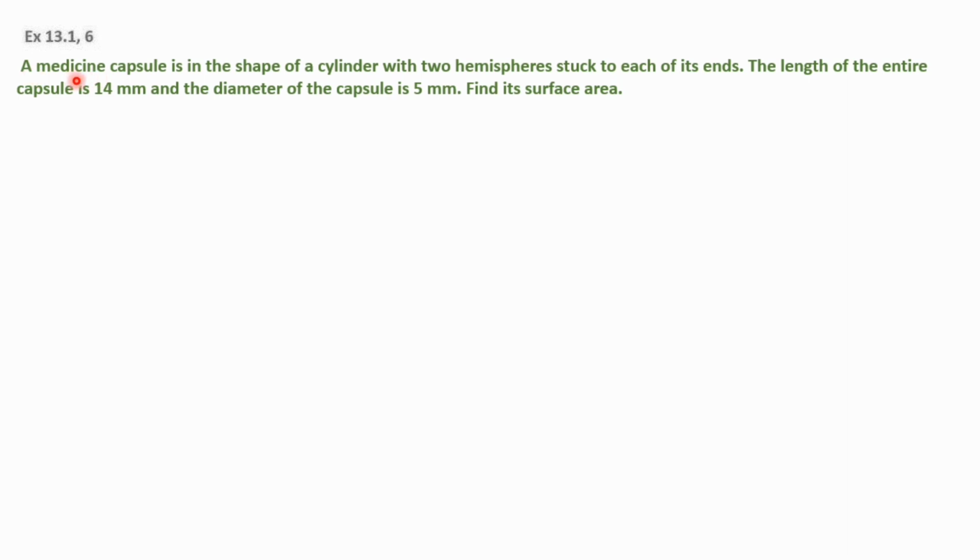So here a medicine capsule is in the shape of a cylinder with two hemispheres stuck to each other. There is a diagram given to us, and here the measurements are also marked. So the diameter of the capsule is 5 millimeter, that is this portion, and the entire length is 14 millimeter.